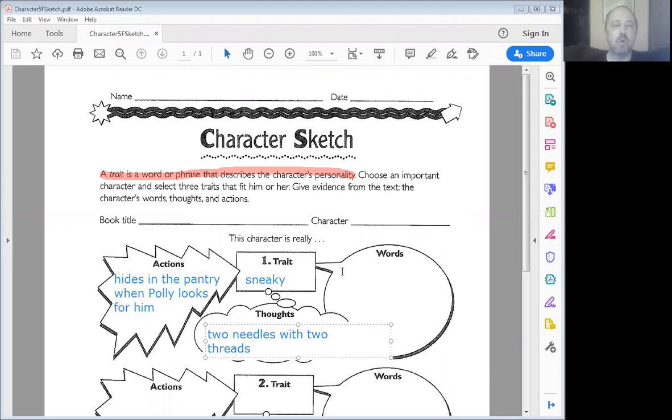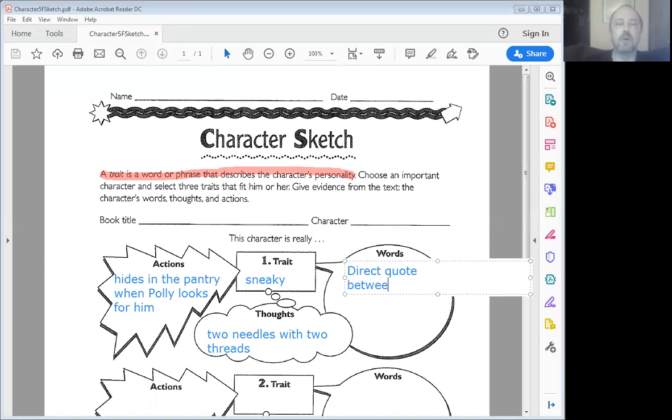And then his words, the things that he says, and one of the big examples early in the book of this is Tom talking Ben into doing the whitewashing for Tom. So I would want to come up with a direct quote from the book. I don't have my book handy right now. So I'm just going to make a note here, because this is just a graphic organizer. I'm just organizing my thoughts. So I want a direct quote between Tom and Ben about the whitewashing.